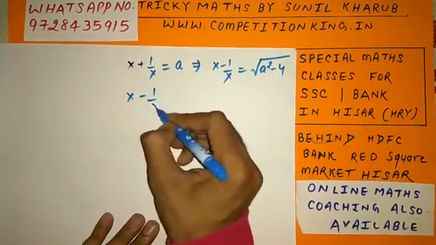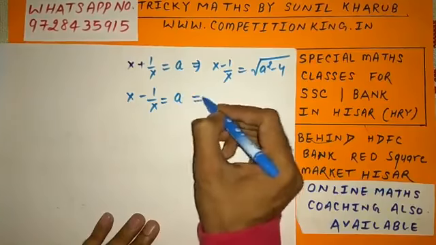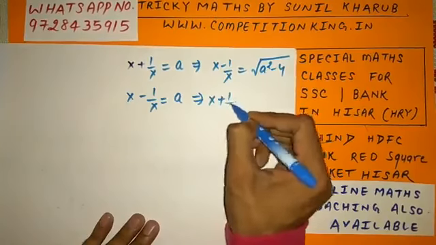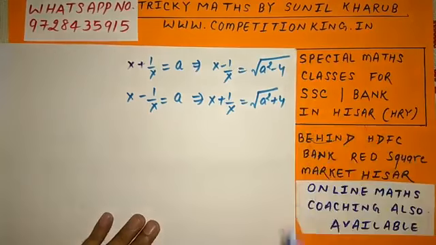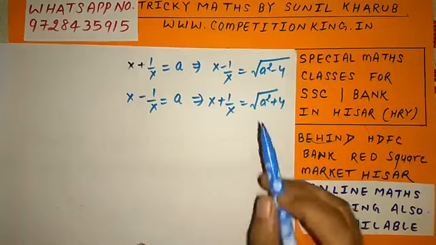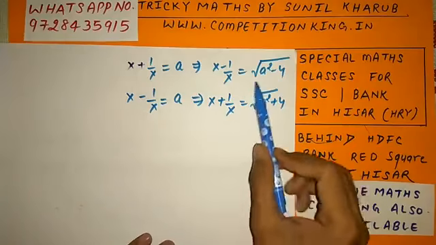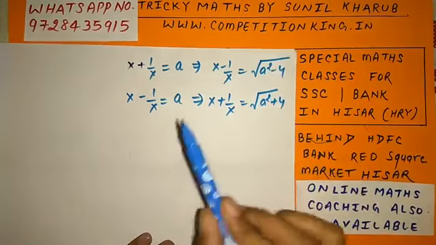If x minus 1 by x is equal to a, this means x plus 1 by x is equal to root of a square plus 4.